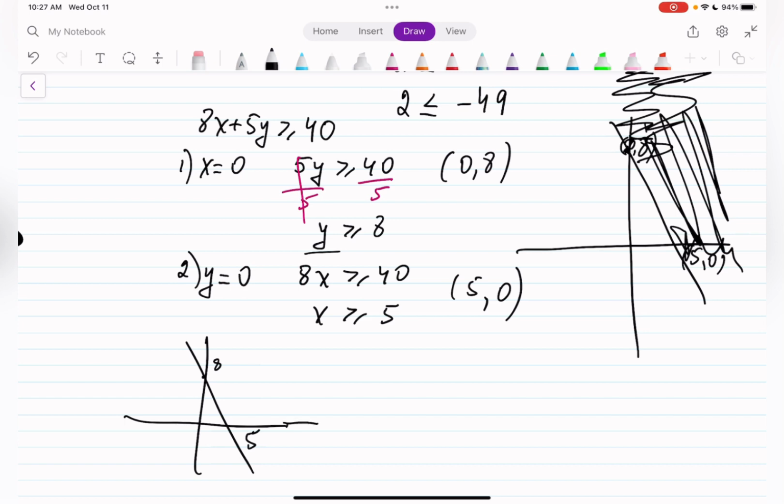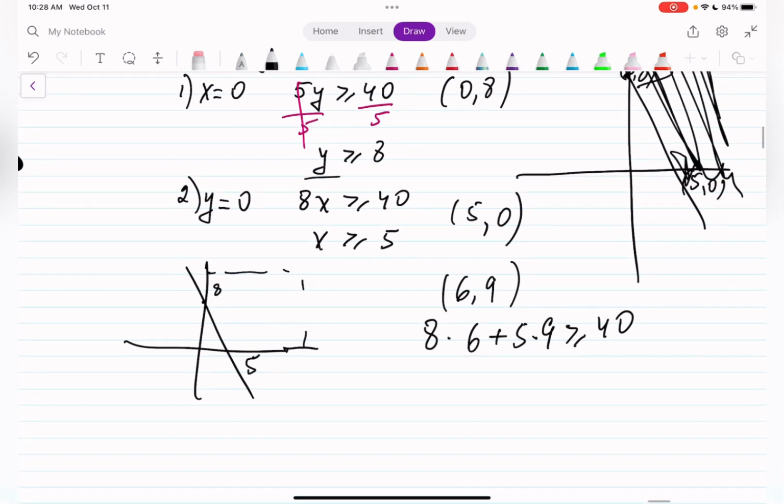Let's say I'm taking x as 6 and y as 9. Let's try. So 8 times 6 plus 5 times 9 is greater equal 40. 8 times 6, 48. Plus 45. It's definitely going to be greater than 40.